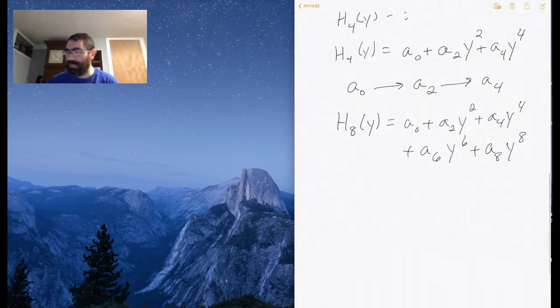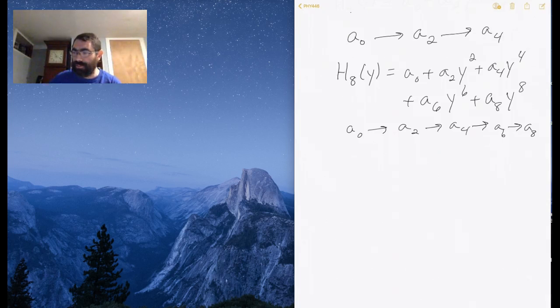But to get these coefficients, again, we've got to start with a0, calculate a2, calculate a4, calculate a6, all the way up to the eighth coefficient. And again, in this case, the coefficients are different. That's going to be different from what it was.